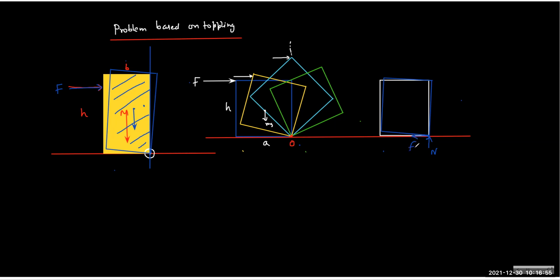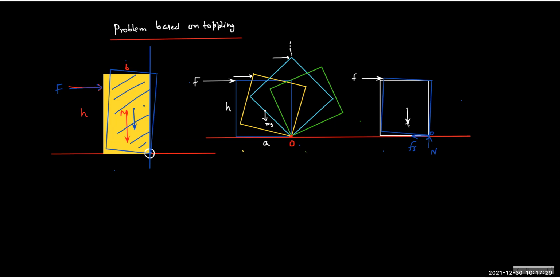So now the friction and normal arrive at the edge instead of the center or somewhere on the surface. And this is the force acting. The force acting is here, the normal is acting here, and the gravity is here.